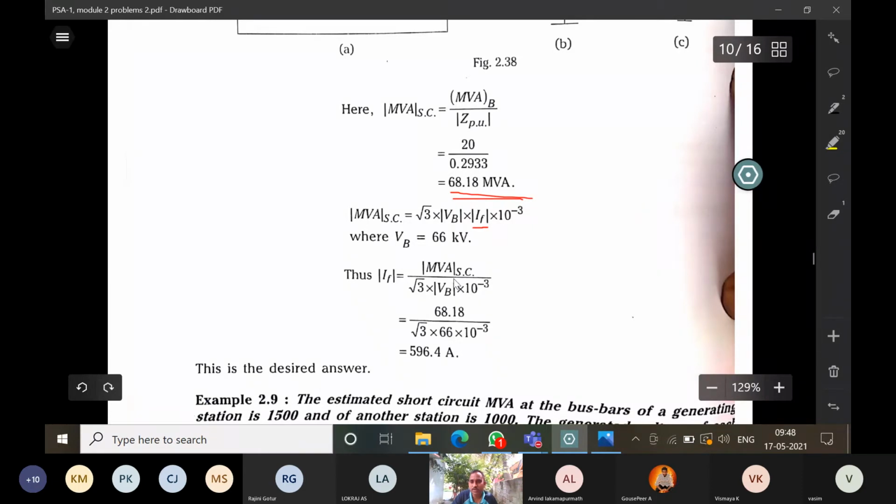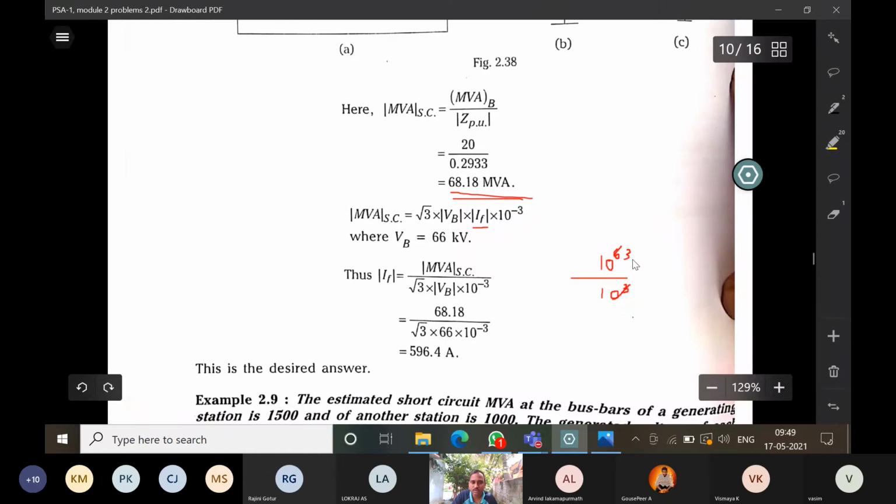So generally how we write it, MVA means 10 raised to 6 divided by kV means 10 raised to 3. So 3 6 remaining is 10 raised to 3.